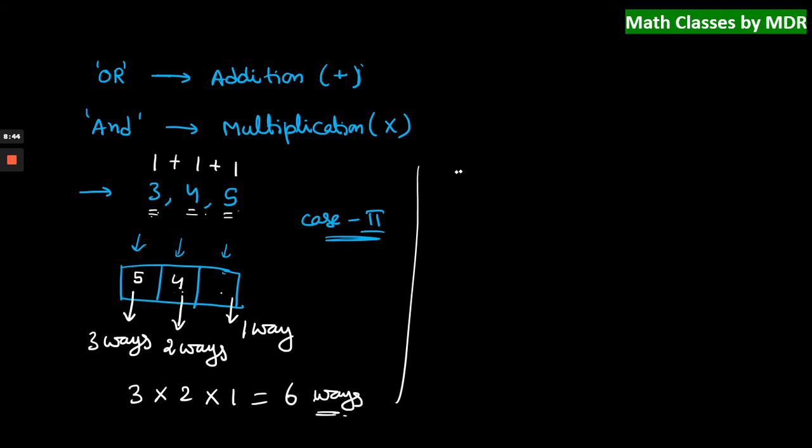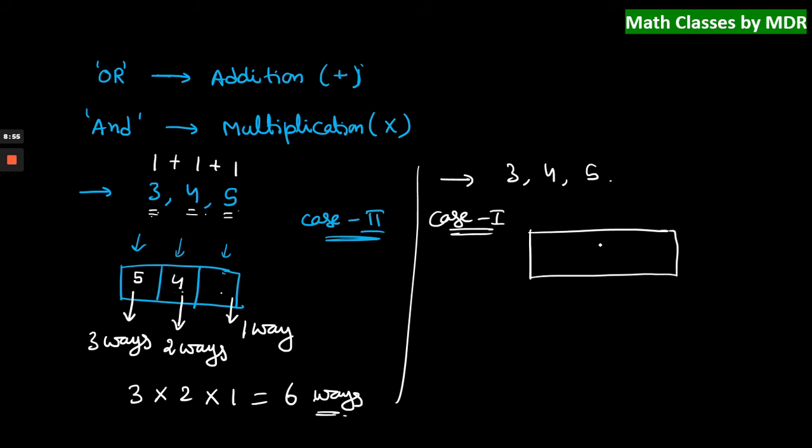For the same case, take case 1. What is case 1? Repetition is allowed. If repetition is allowed, in how many ways can I form these numbers? In the 100's place, I can form these numbers in 3 ways. As repetition is allowed, even though I have used 3 here, I can use 3 again in the tens place and in the units place.